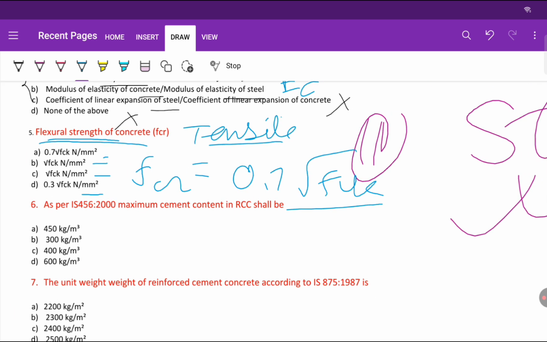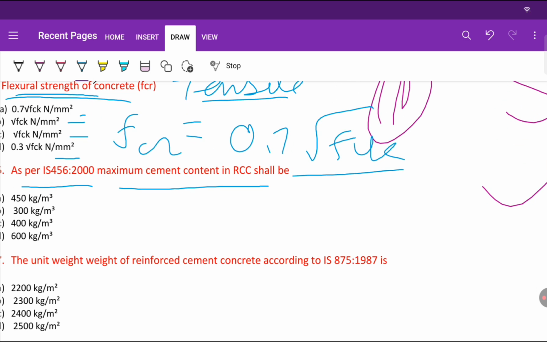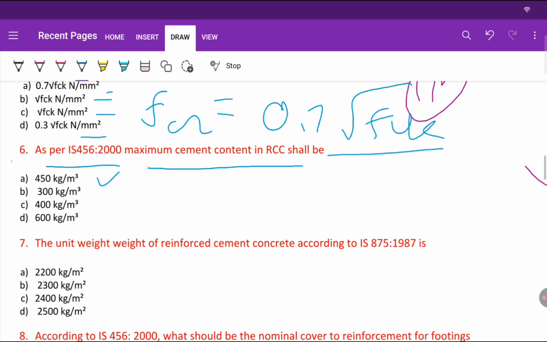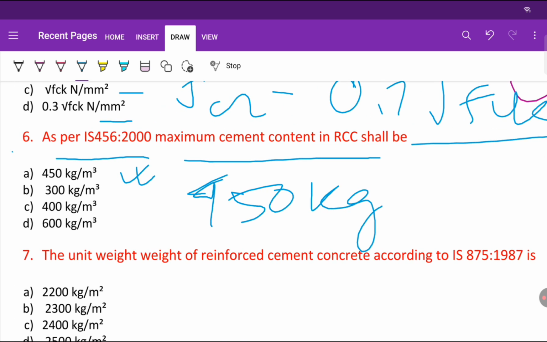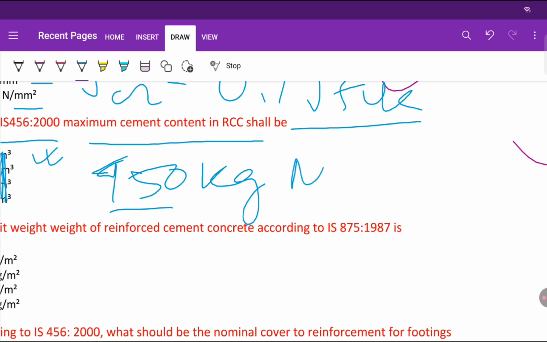Okay. Now the next question is, as per IS 456-2000, maximum cement content in RCC shall be? So as per IS 456-2000, what should the maximum cement content in RCC be? Maximum cement content will be 450 kg. Okay, 450 kg. The unit in the option is wrong, actually it is a typing error. 450 kg for maximum cement, right?